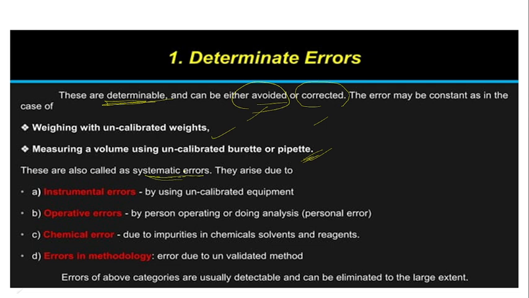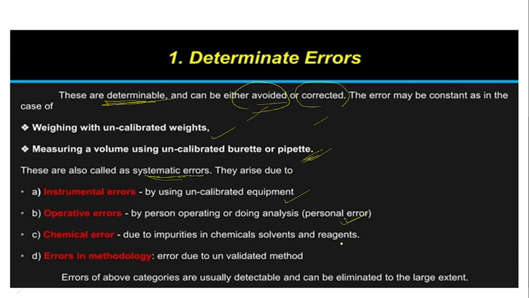What are the causes of its arising? The very first is instrumental error, like using uncalibrated equipment during the experiment. Second is operative error, an error by the person operating or doing the experiment, a personal error. We may not take the volume properly, or we may not calibrate the equipment properly. That is basically a human error.